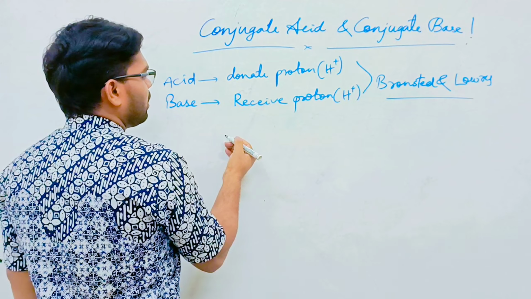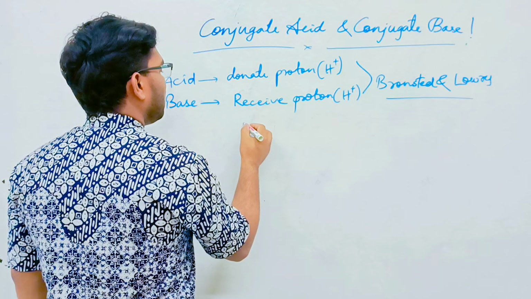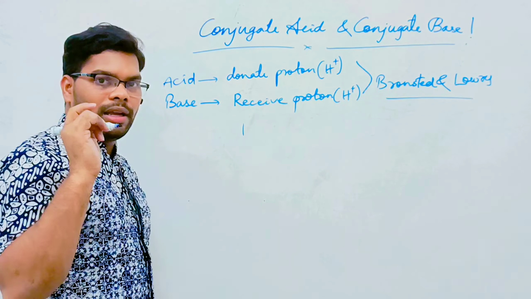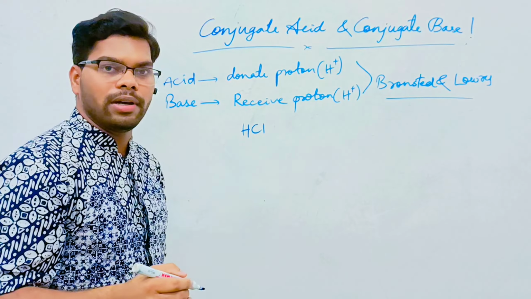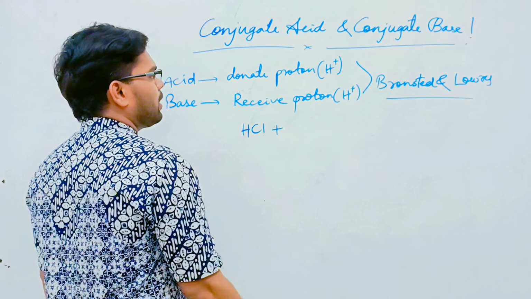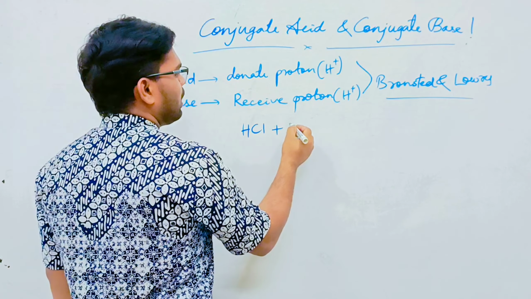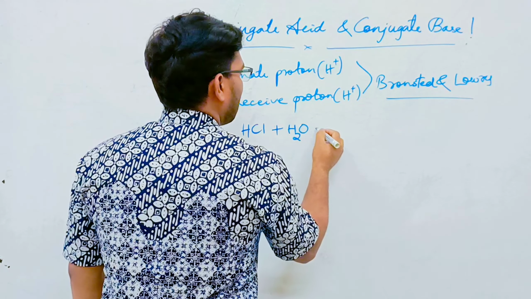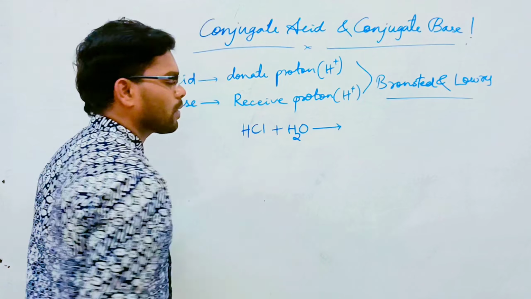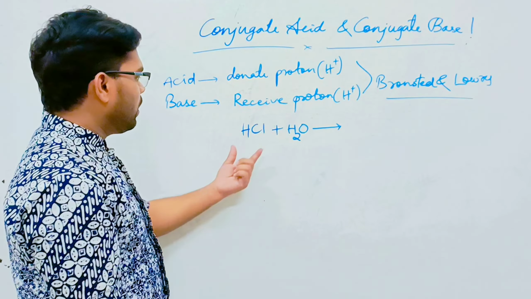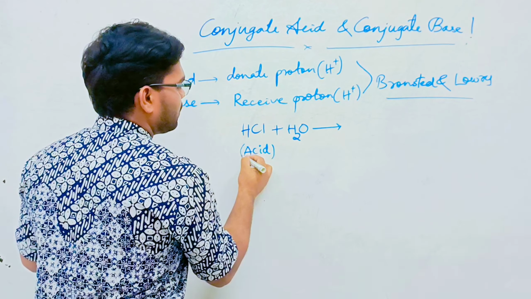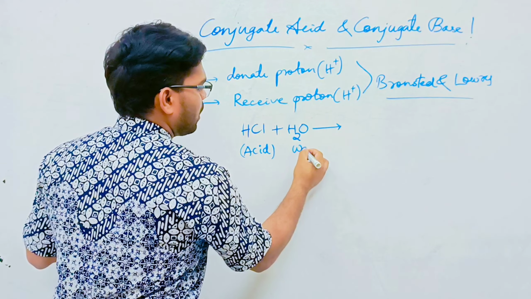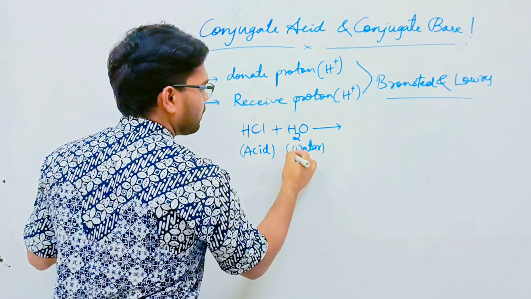So let me take an example. Let's say, what is an example of a strong acid? Here hydrochloric acid is a strong acid, right? Then let me take water as well. Now here you have written a strong acid, and this is water, right?